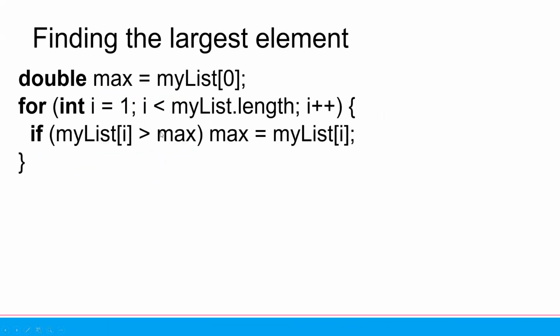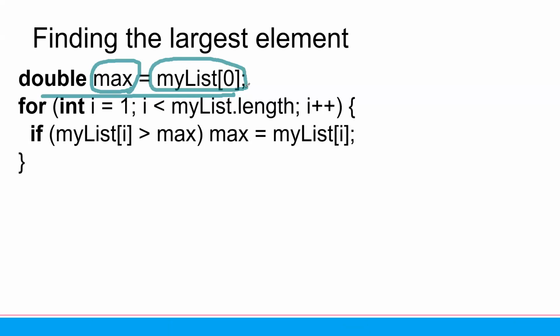If I want to find the largest element, I can do it similar to the total, but I make a new variable which is the maximum, and let the maximum be the first value of the array.